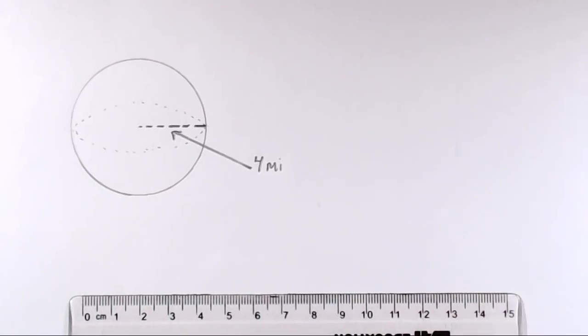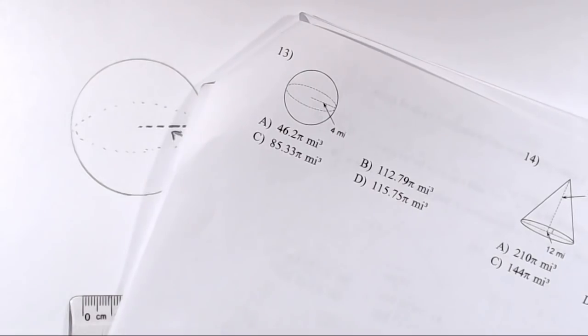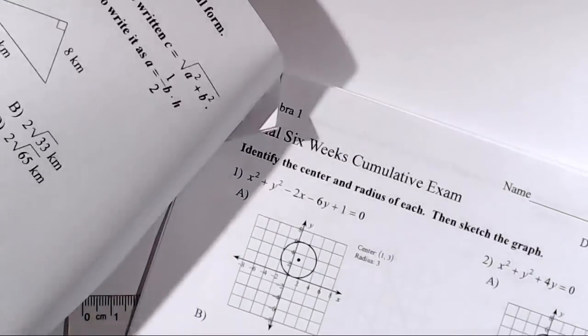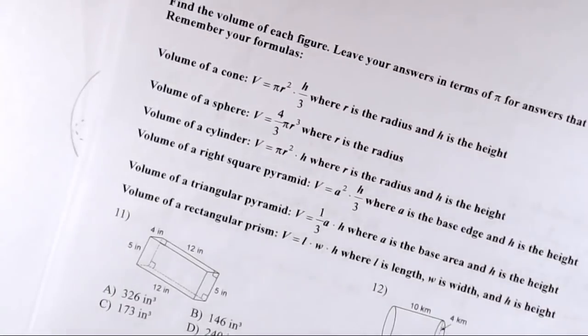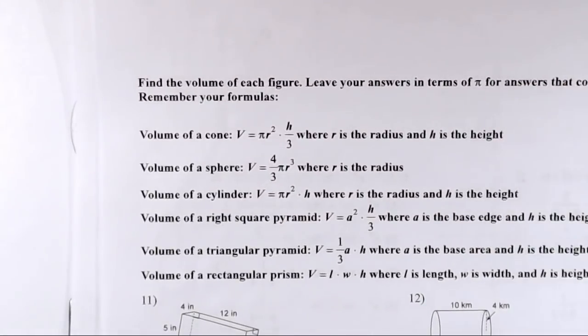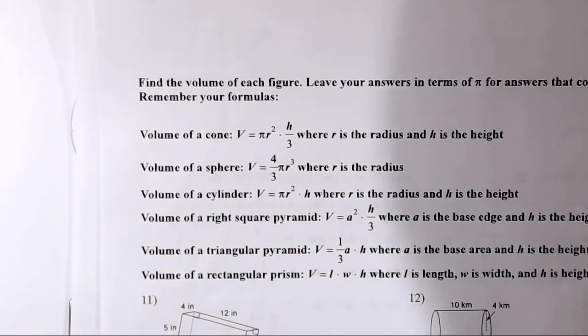And now, if you don't know what the formula for the sphere is, you just go back and look at the formula sheet. Were we given the volume of a sphere? Sure. It was 4/3 pi r cubed.